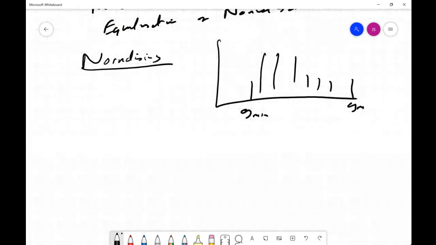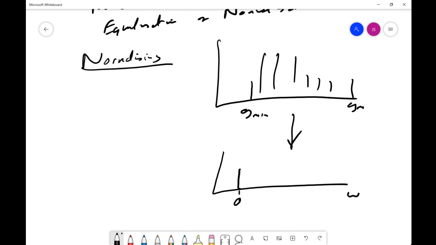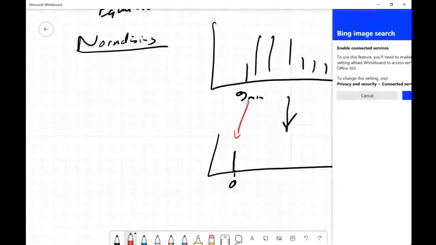And you transform that histogram to intensity ranges 0 to W. So G min goes down to there, and G max goes to W. And that will improve the quality of the image.